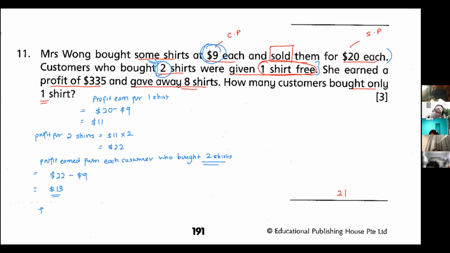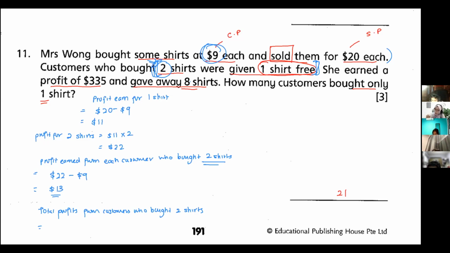Okay, so total profit from customers who bought two shirts equals, since I gave away 8 shirts, that is the sales technique right here. Whenever a customer buys two shirts, I will give one shirt free.